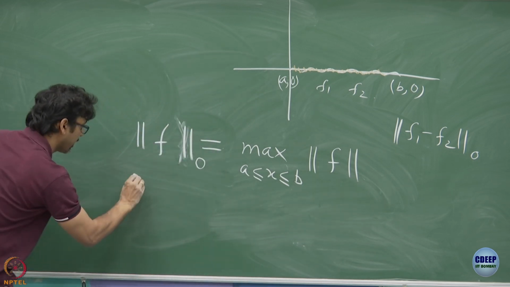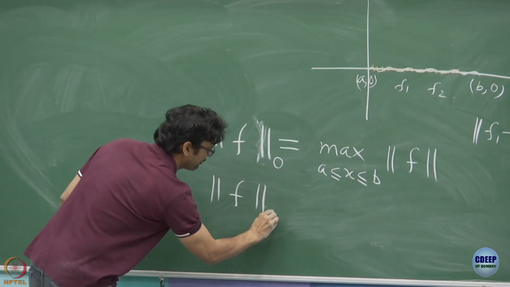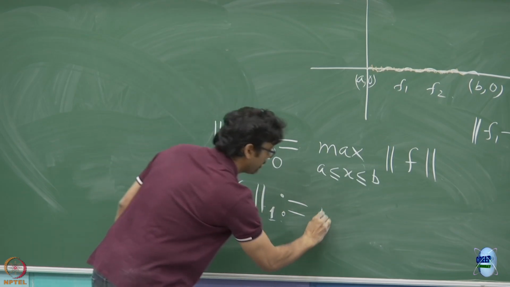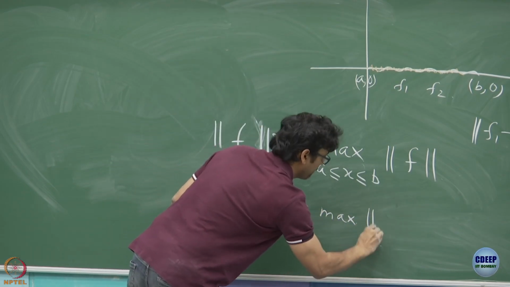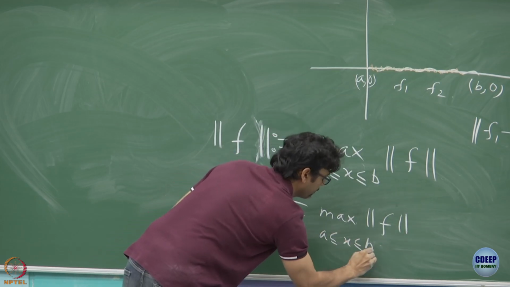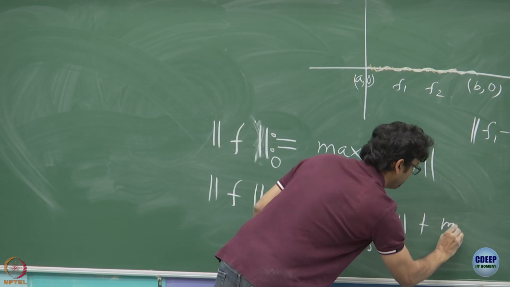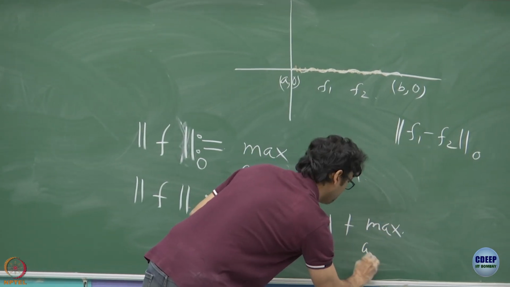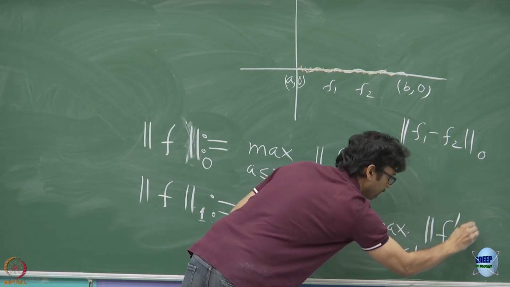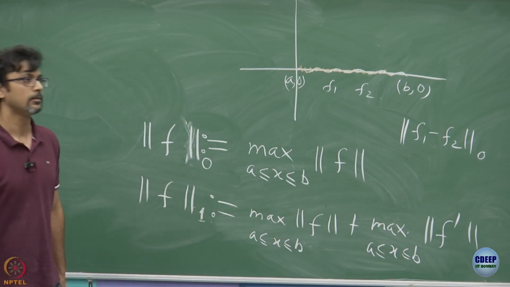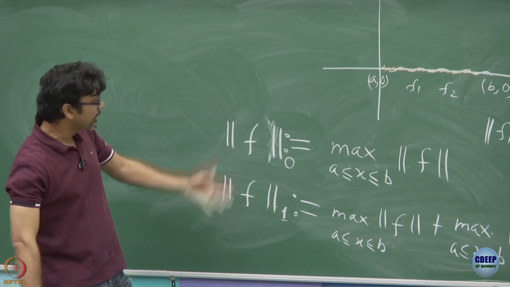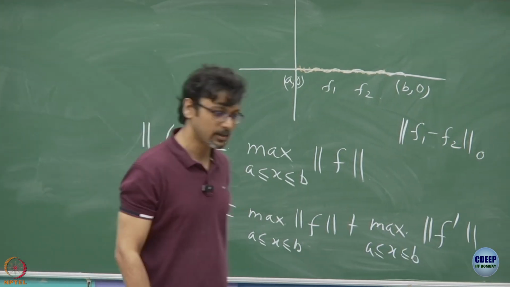In fact, you can also define the 1 norm in this following manner. That is the 0 norm of a function, that is the 1 norm of a function. You immediately see that in some cases one of those does not even exist.